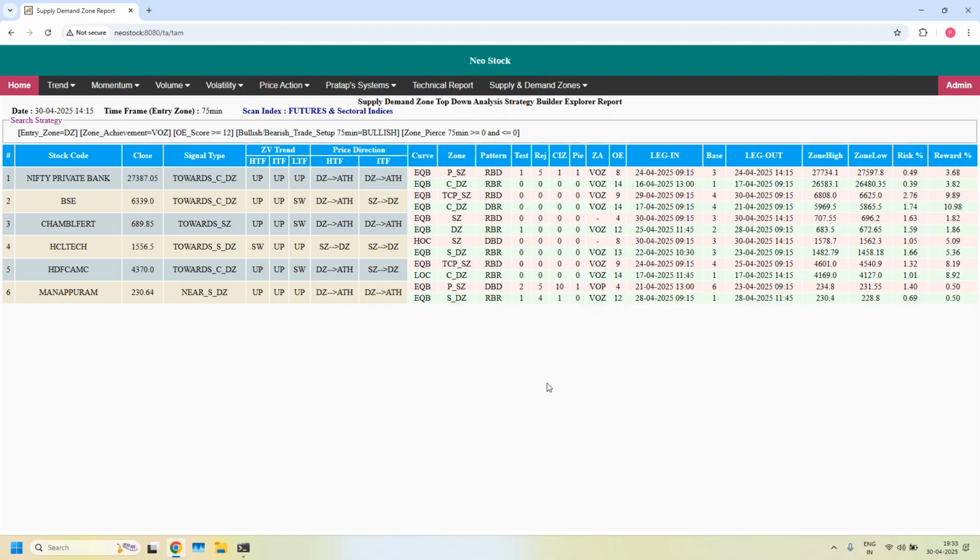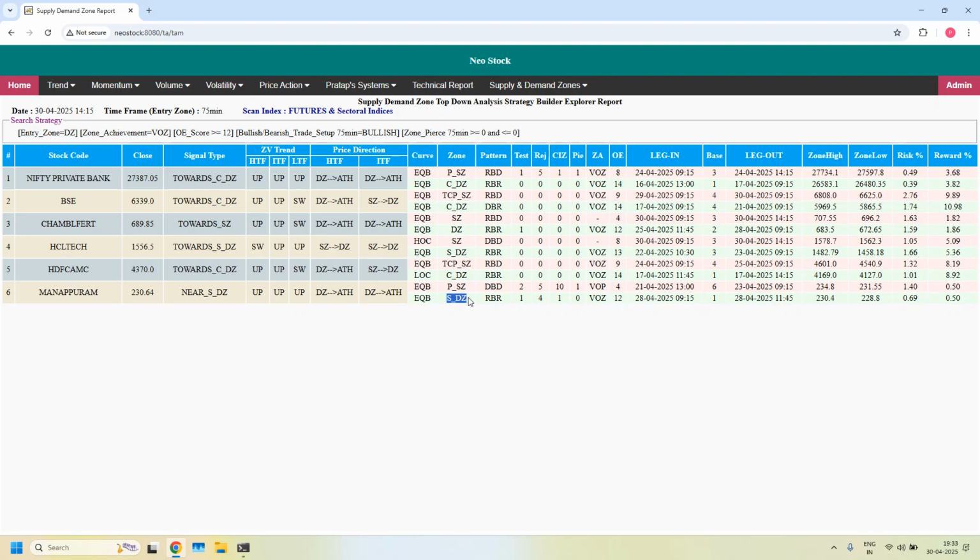All 6 stocks are supporting the bullish trade setup for weekly income trade.